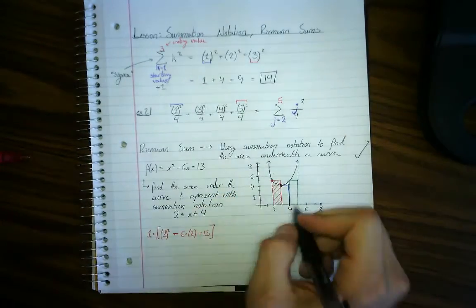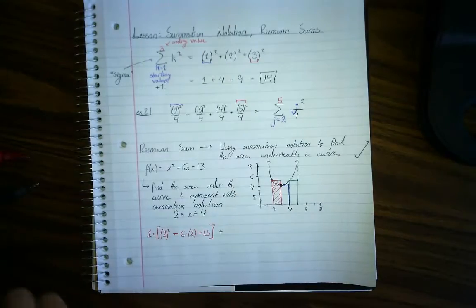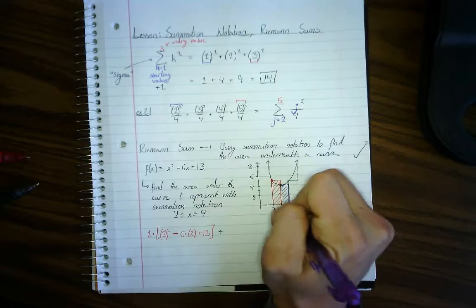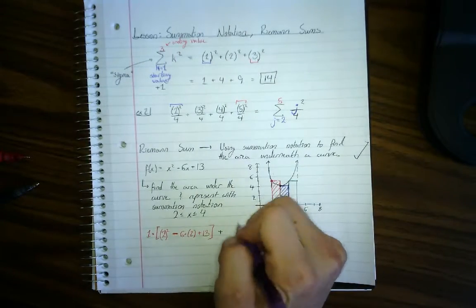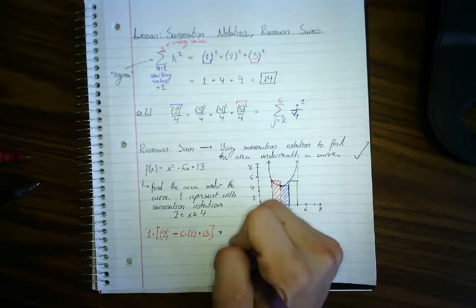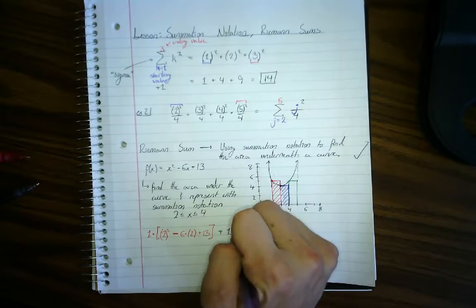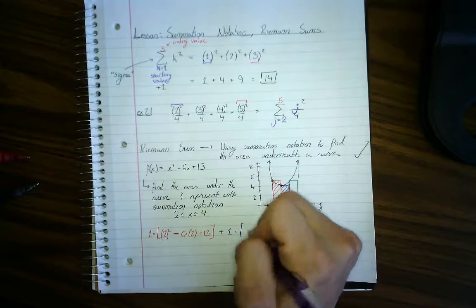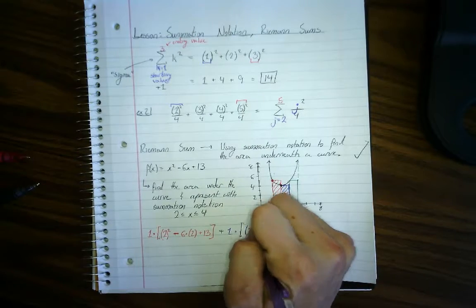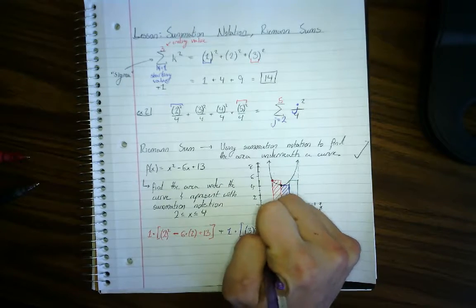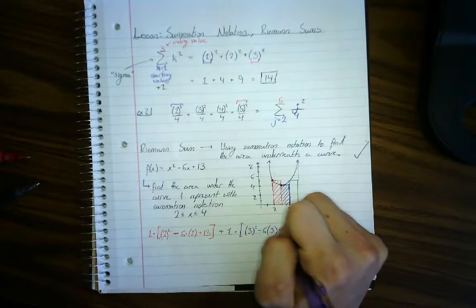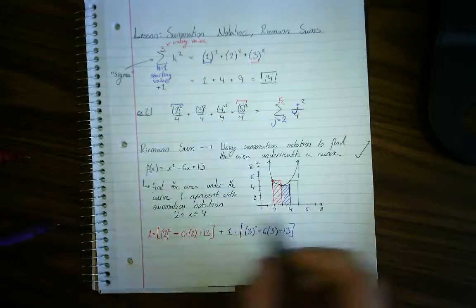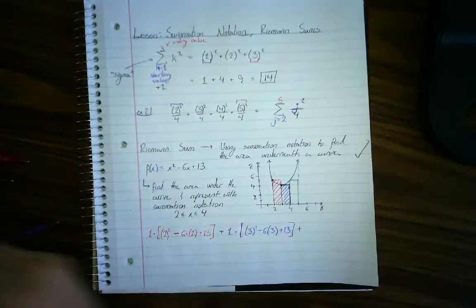And then we go on to the next one, and that's going to be evaluated at the left side of our box. So that's going to be our length, which is between 3 and 4, so 1 again, times 3 squared minus 6 times 3 plus 13. And then finally we have our last one, our last green box over here.